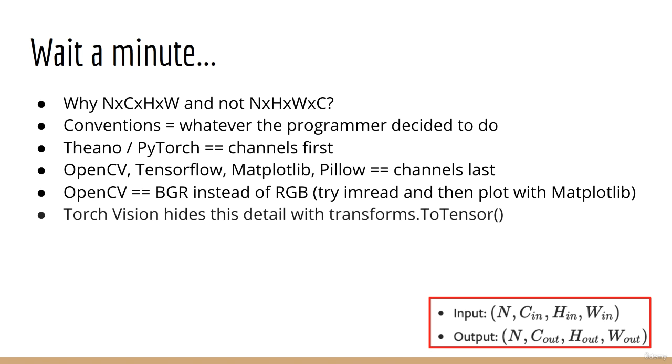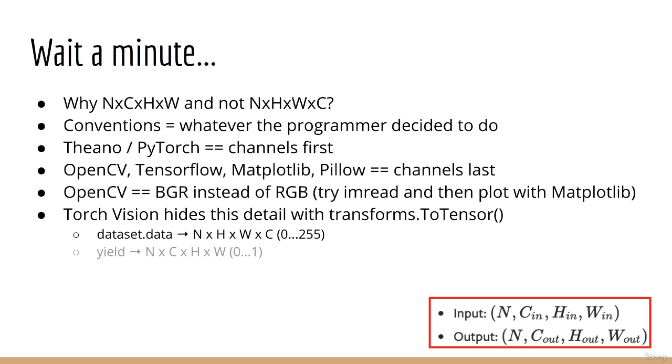This detail is hidden from you if you use utilities, such as those from the Torch Vision library. Since we haven't worked with color images yet in this course, we haven't had the opportunity to uncover these hidden details, but now we do. As you recall, if you inspect the data attribute of a dataset loaded in from Torch Vision, it gives you the untransformed version of the data. These will be n by height by width by color.